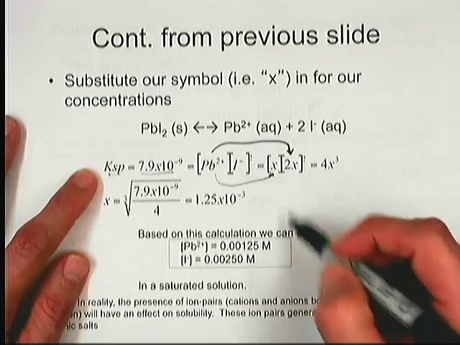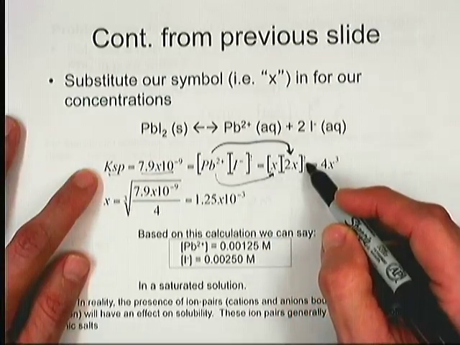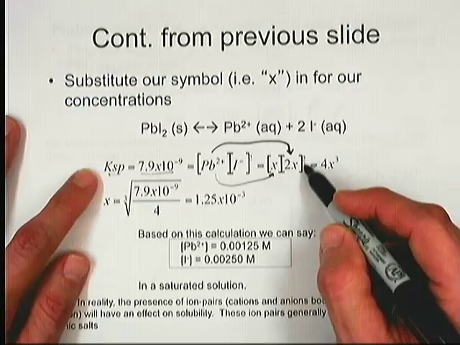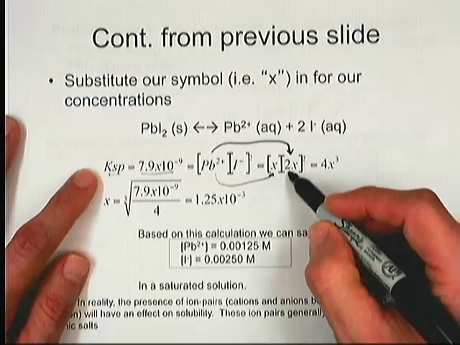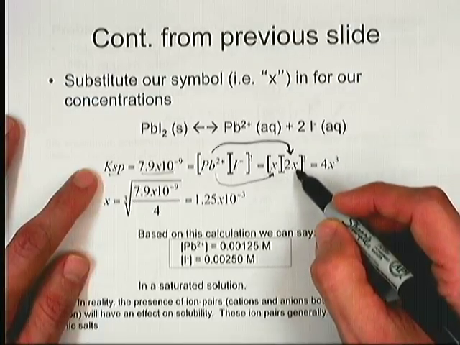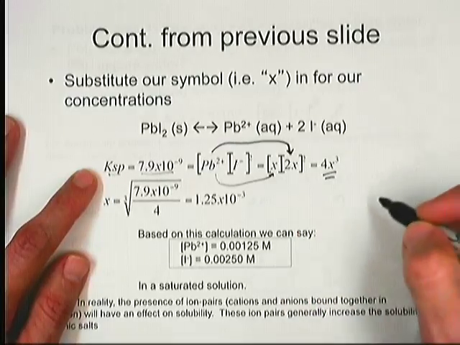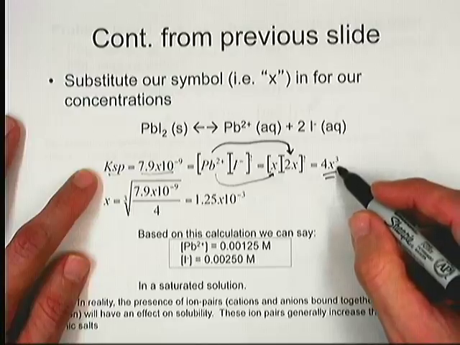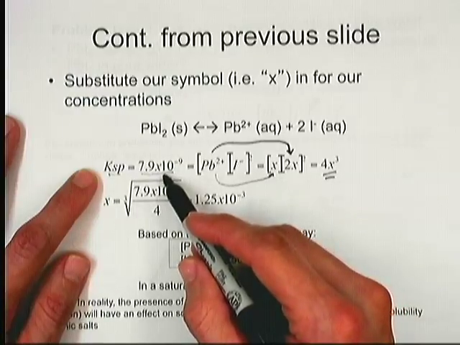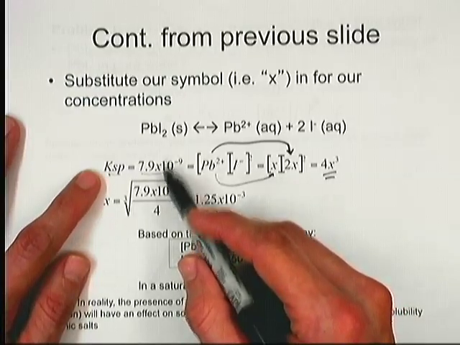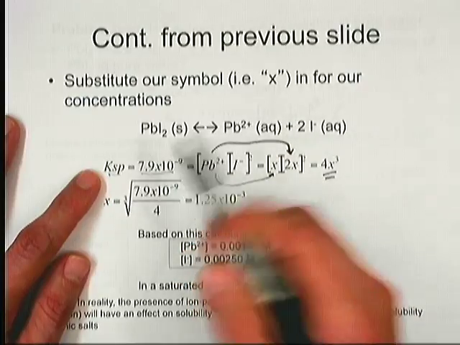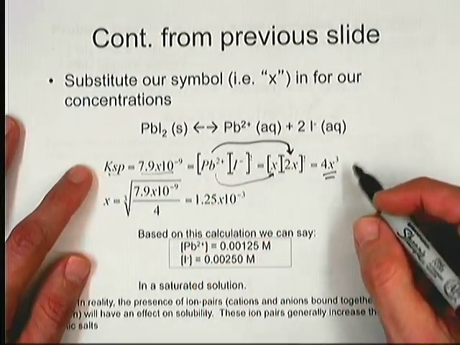I got that from my ICE table. Note that I still square the iodide term. So if I square 2x, that gives me 4x squared, and multiply it by x, I yield 4x cubed. 4x cubed has to equal this number, because that governs the dissolution of this material. It's the number that governs the dissolution.